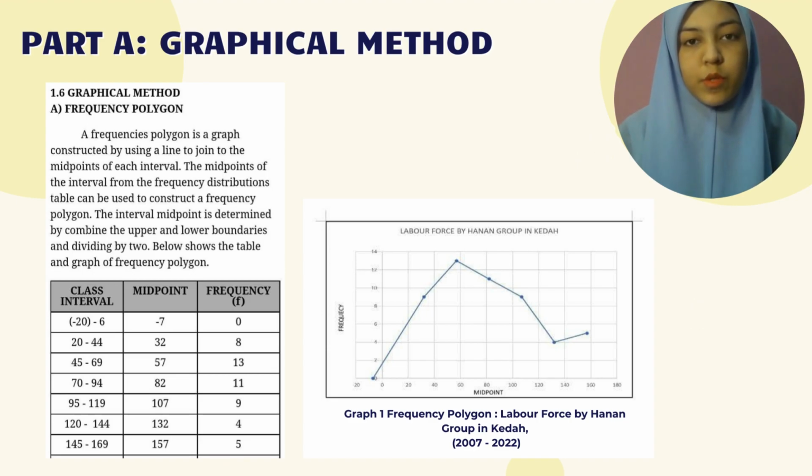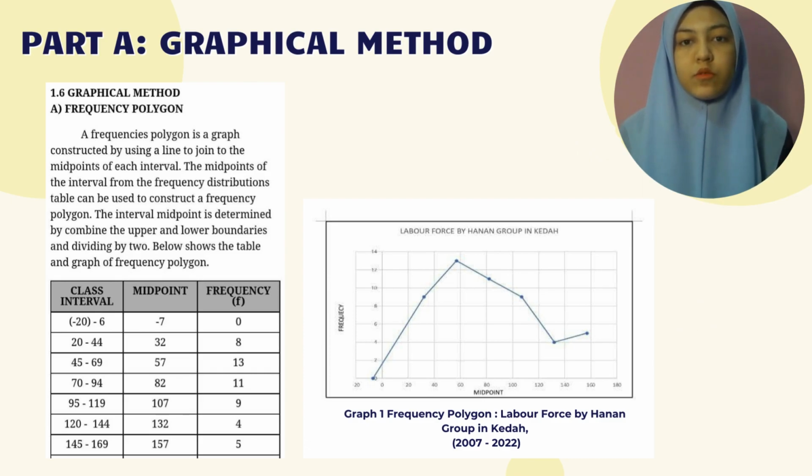The interval midpoint is determined by combining the upper and lower boundaries and dividing by 2. Below shows the table and graph of the frequency polygon. So this is our table and our graph.